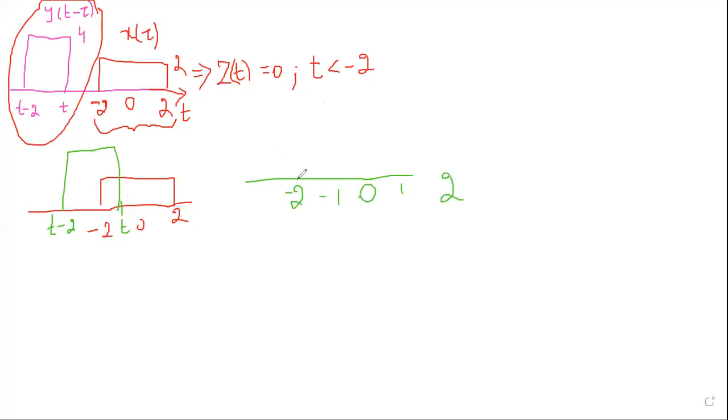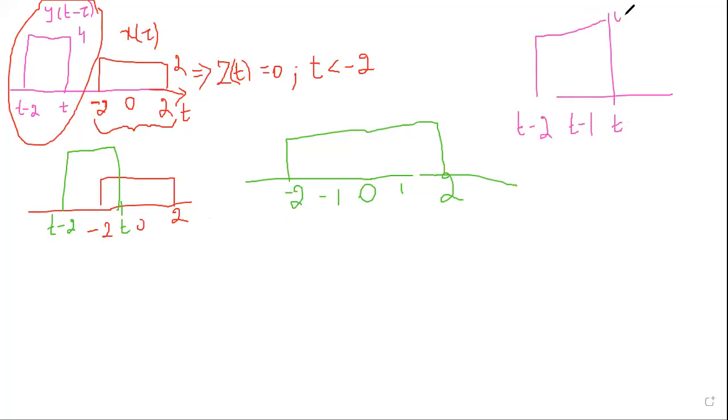My x of t I have expanded with all the scales in the time axis, and h of t also I should expand. So I'm having t on the left-hand side is t minus 1, and again t minus 2. So this is my y of t minus tau.